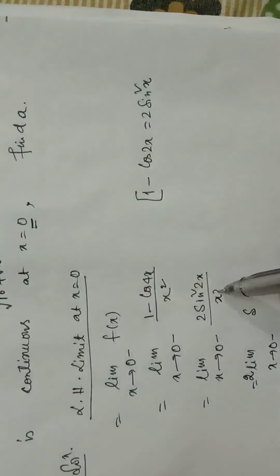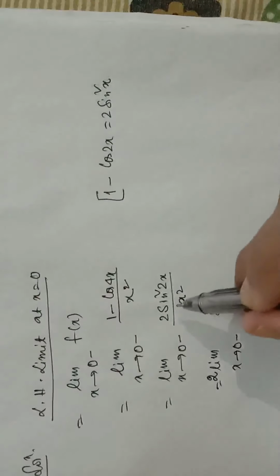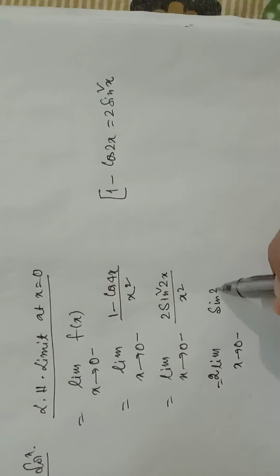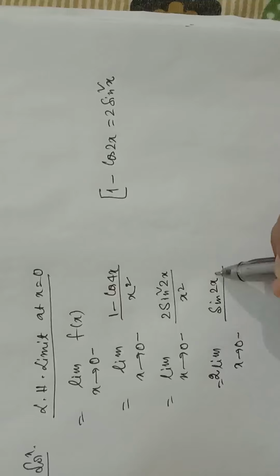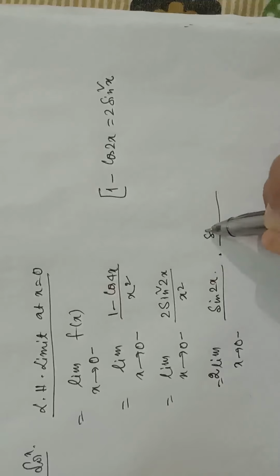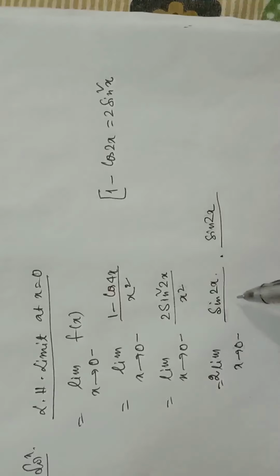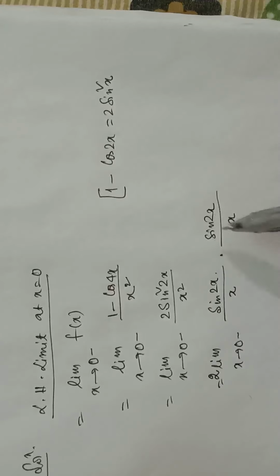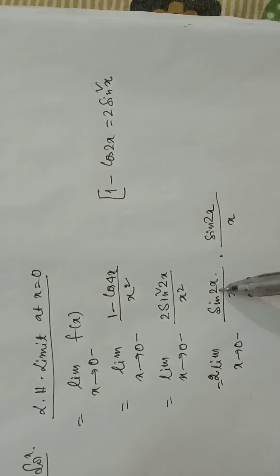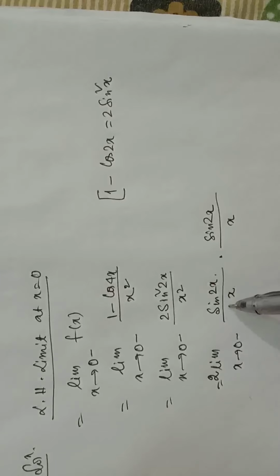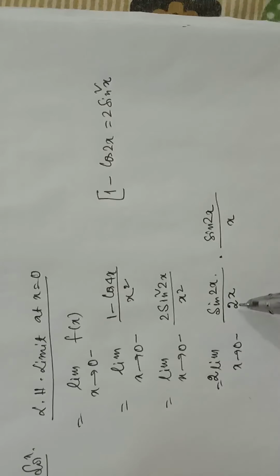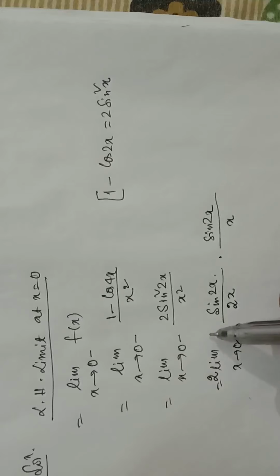Sin square 2x we can write as sin 2x into sin 2x, and x square as x into x. As the angle is 2x, we have to make the denominator 2x, and to adjust we have to write 2 in the numerator.